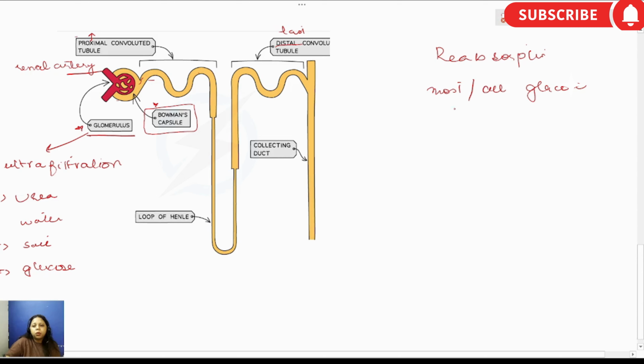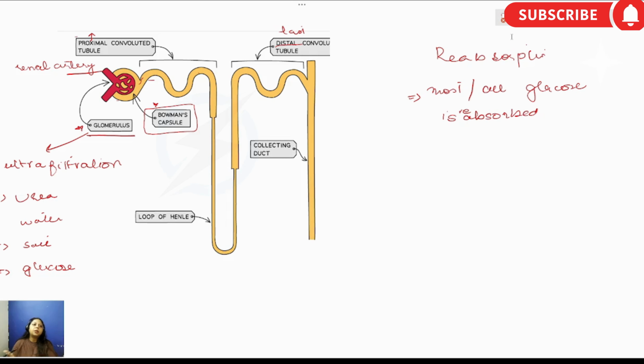I'm talking about a normal person. What would happen in a diabetic patient? It would be present in the urine. Exactly. There is a question in the past paper related to it, when you compare a healthy person's urine with a diabetic one. You have to give reasons for the presence of glucose in the urine.